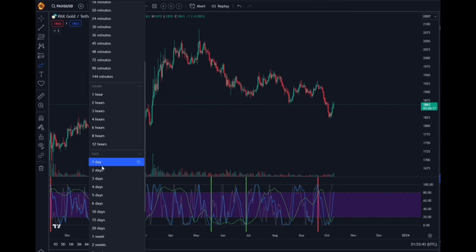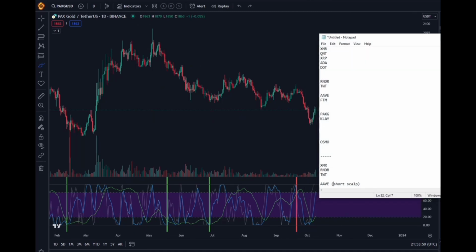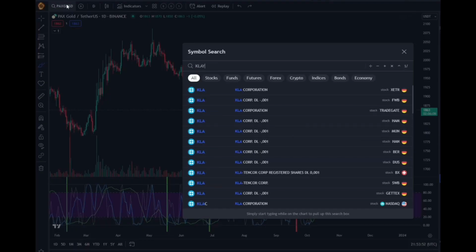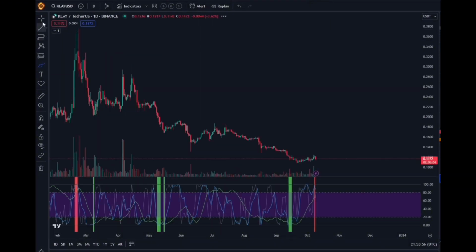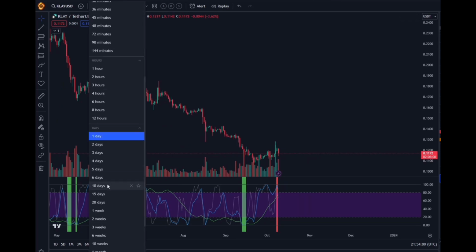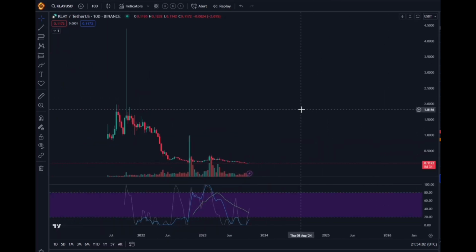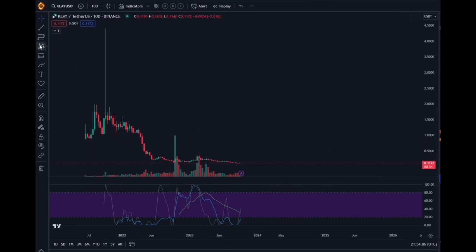Not much to see on that one, on this time frame, so let's just move on. Clay. Yeah, the 10 day is not looking nice, so I'm not gonna be looking at this one.